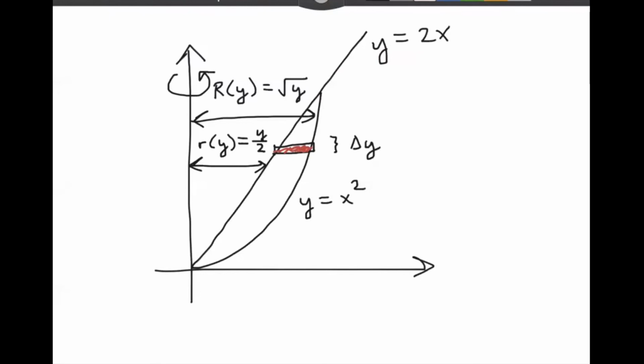So instead of thinking of the parabola as y equals x squared, I'm going to solve it for x, and it's going to become x equals the square root of y. The line y equals 2x, I'm going to solve that for x, and that's going to become x equals y over 2.